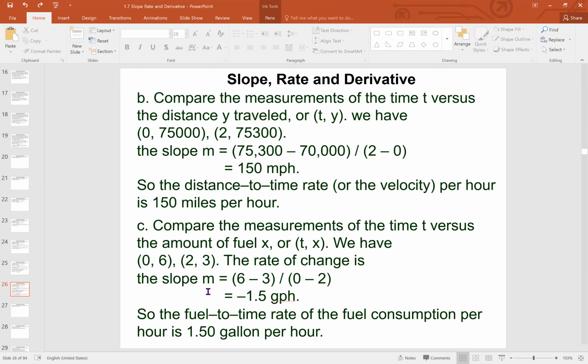All these ratios can be reciprocated, so it's a good exercise to think about them.